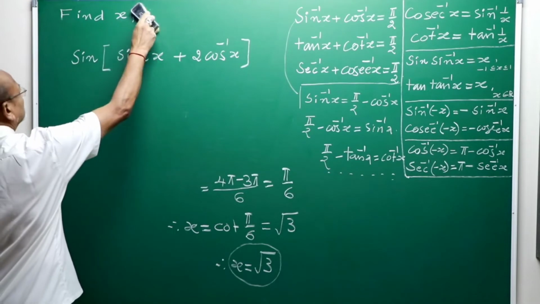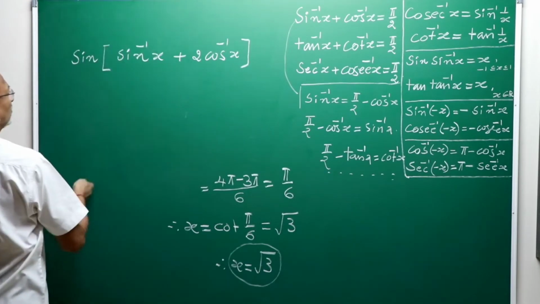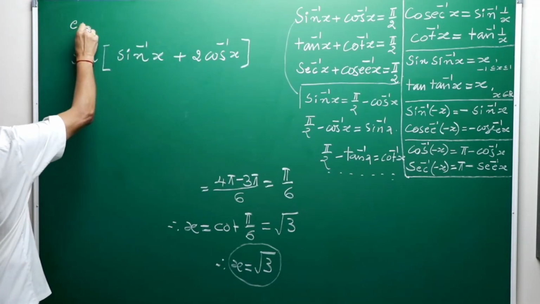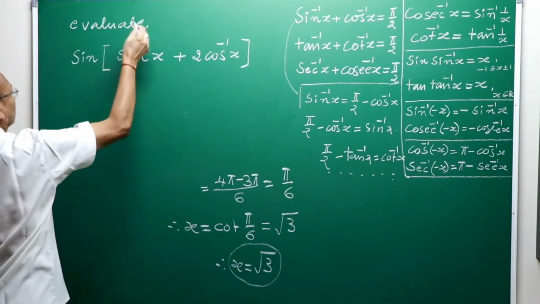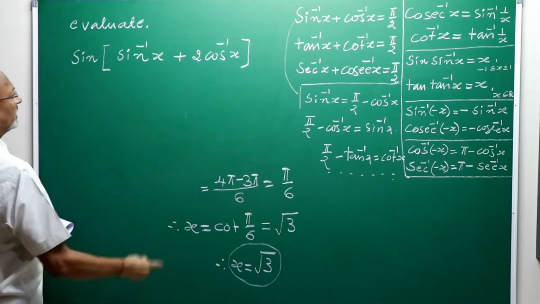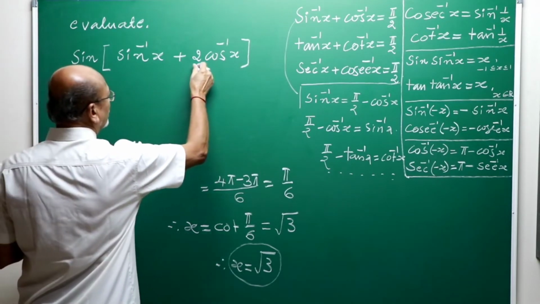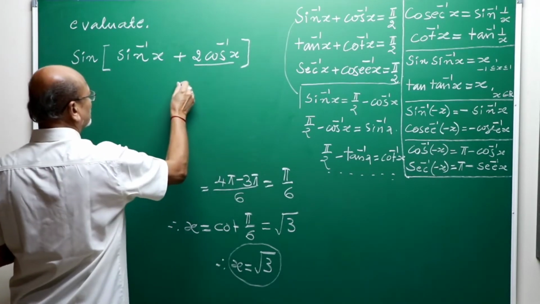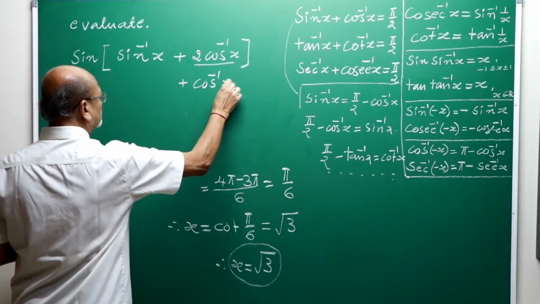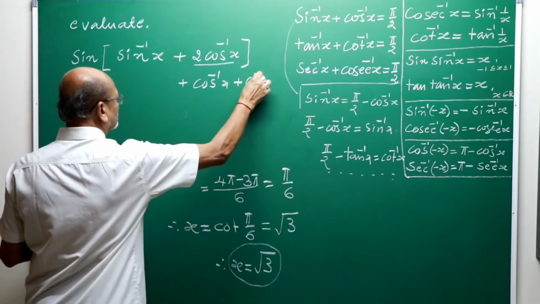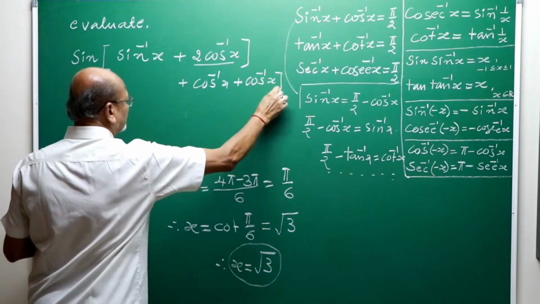Instead of find x, it can be evaluate or simplify anything. Same thing. Tell me, my friends, what is this? 2 cos inverse x, write it as what? It is cos inverse x plus cos inverse x.